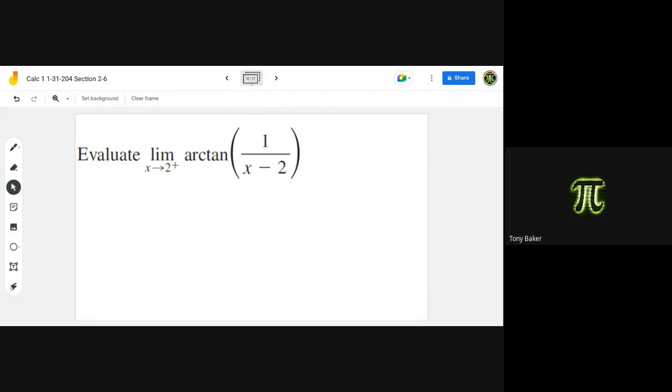So what's happening in here? If you remember right, one of the things that we can do is move the limit inside. So I can do the arctan of the limit as x goes to 2 from the right of 1 over x minus 2.